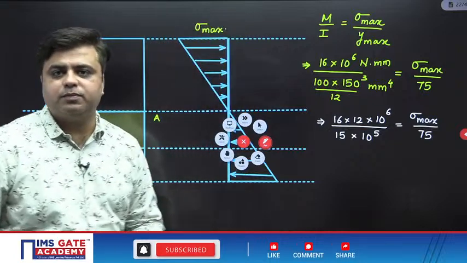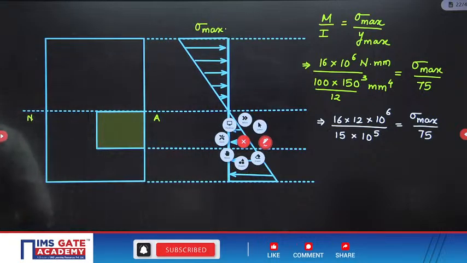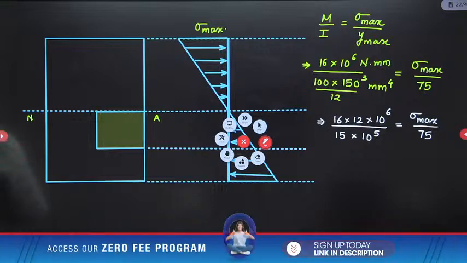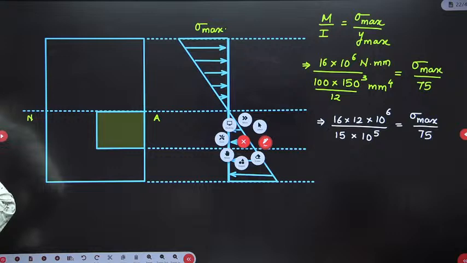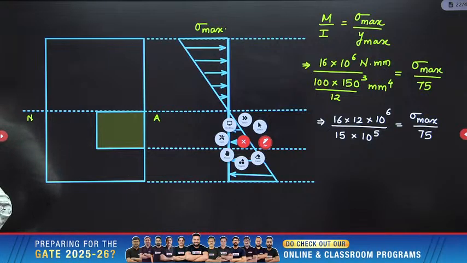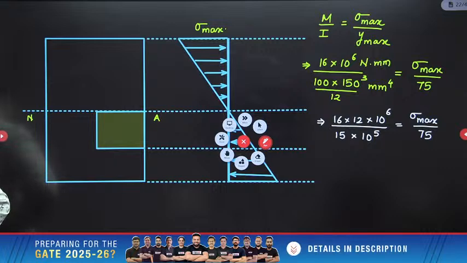Please calculate this and tell me the value. What is 16 into 12 into 75?